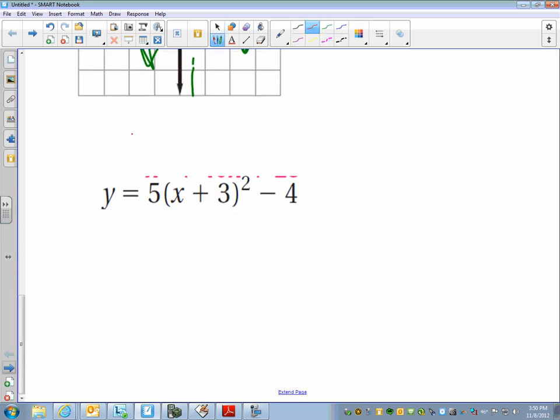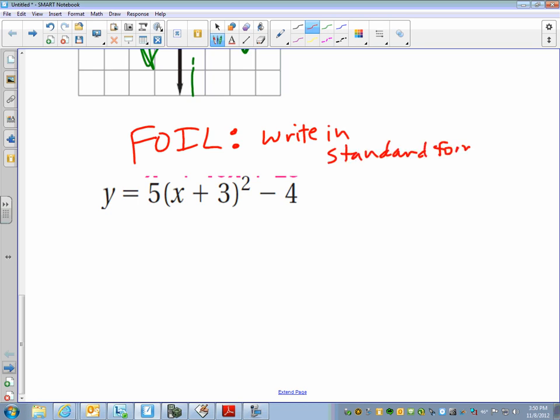So the last one says FOIL. Yep, that's what the directions say. FOIL, write in standard form. Again, standard form has no parentheses whatsoever, so that's what we're doing here. The squared here means write it twice.